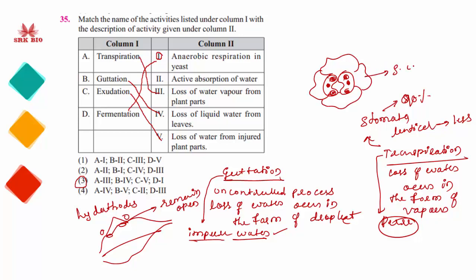They are called subsidiary cells, and these two are the guard cells. This is the stomatal cavity or aperture, and the entire structure is called the stomatal apparatus. This is the difference between transpiration and guttation, and this one is the right option. Option 3 is the correct option for the given question.